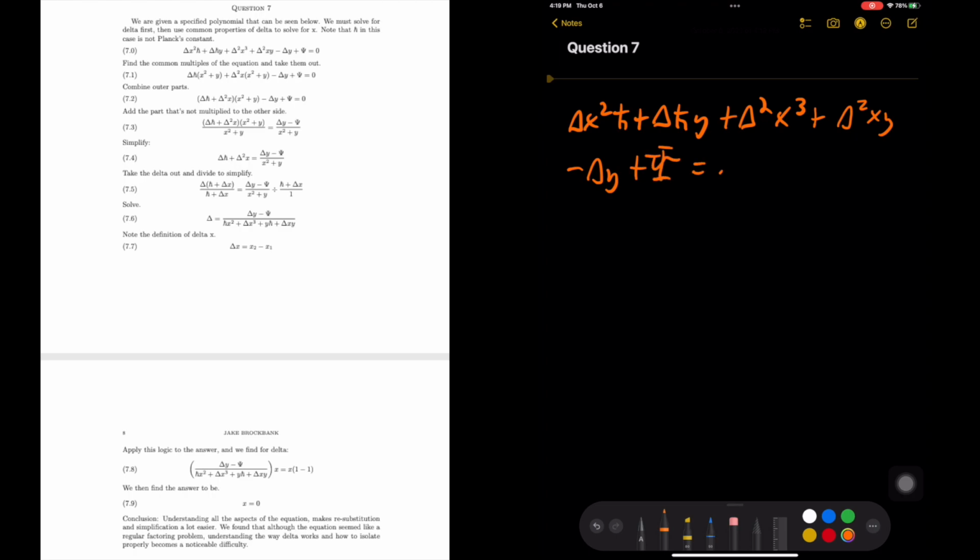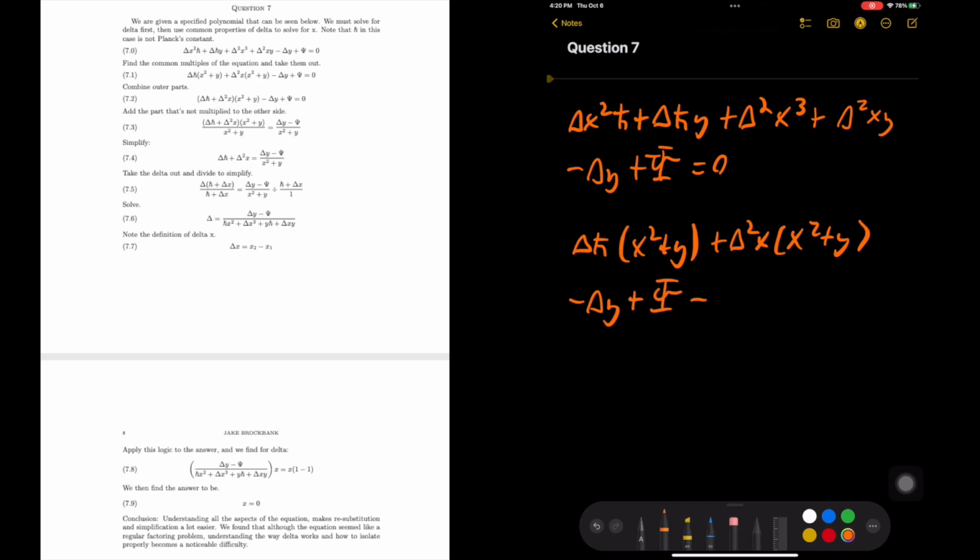So we have that polynomial expression there. We're going to find the common multiples of the equation first, which is fairly simple, especially with this first given part. We have delta h bar times x squared plus y. This is just regular factoring. Add delta squared x taken out of x squared plus y, and this leaves us negative delta y plus capital psi on this side, and it's still equal to 0.